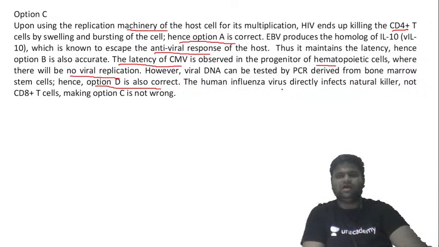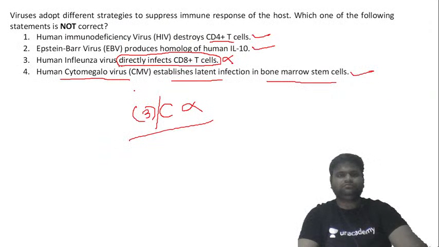Human influenza virus directly infects natural killer cell, not CD8 T cell, making option C wrong. So option C is the incorrect option.